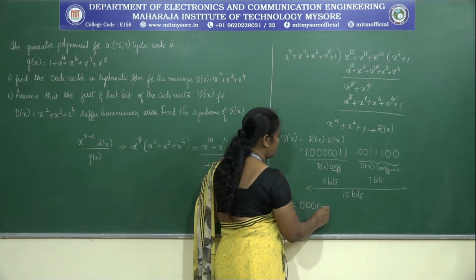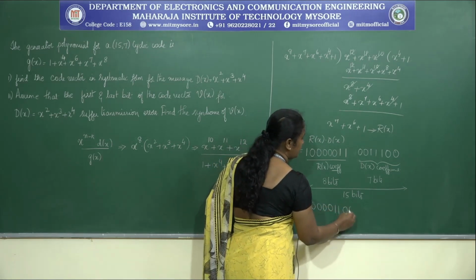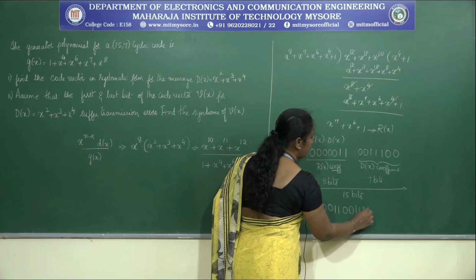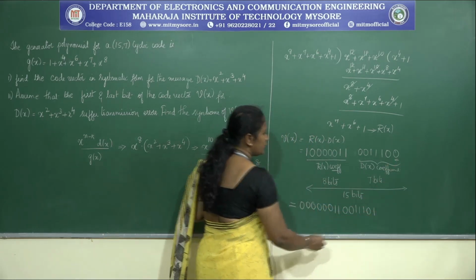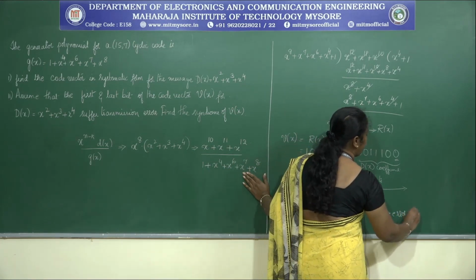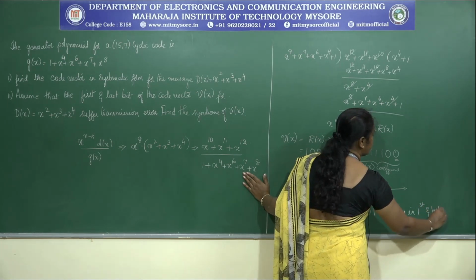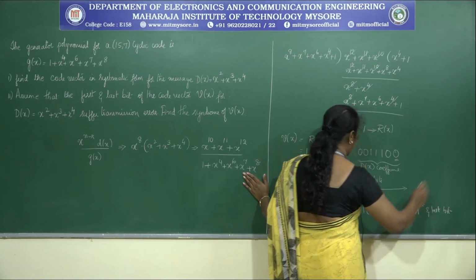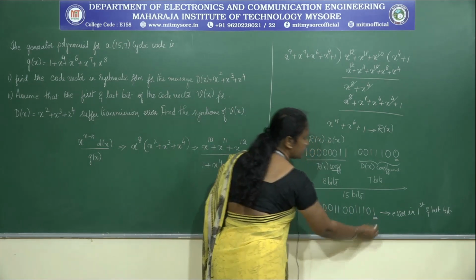So we have 4 zeros, 5, 6, 7, 8, 9, 10, 11, 12, 13, 14. So instead of 0 it should be 1. So this is the error in the first and last bit of your v of x. So that means this bit as well as this bit.